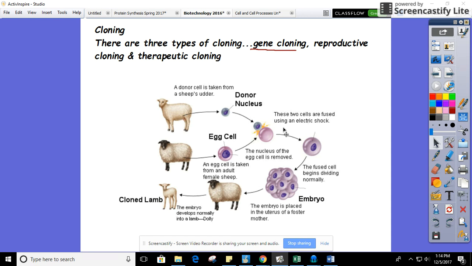There's still work to do, and this is changing all of the time, but this is just an example of how a donor cell is taken from a sheep. It's placed into an empty egg cell where the nucleus has been removed, and then that cell basically is creating a new organism that's identical to the donor nucleus.